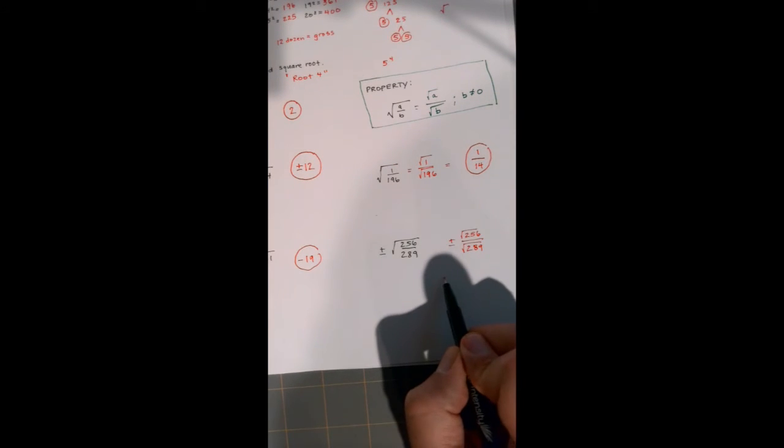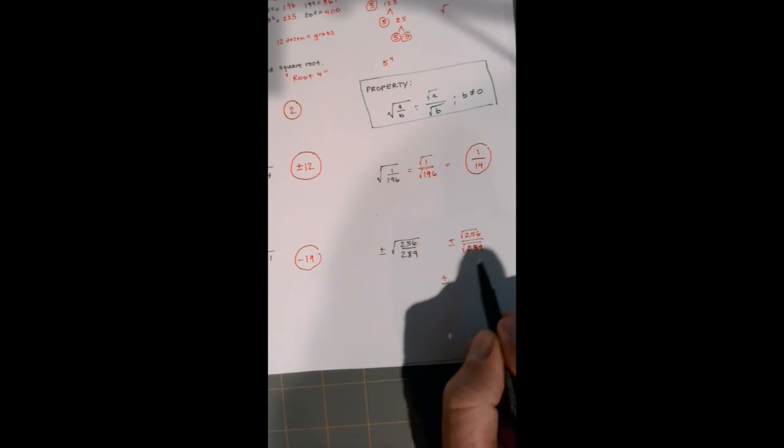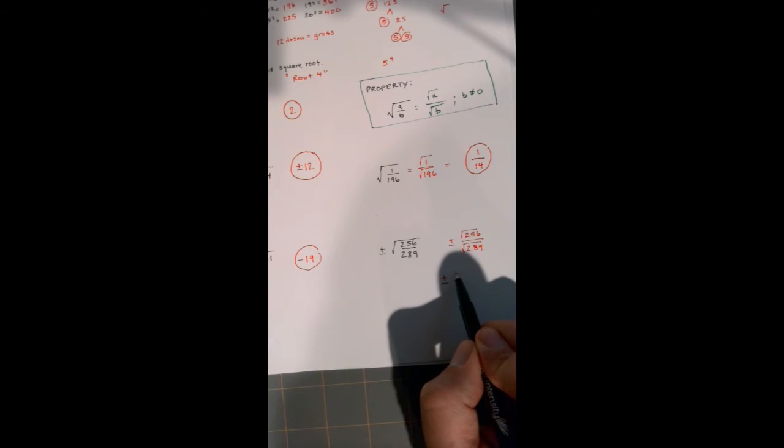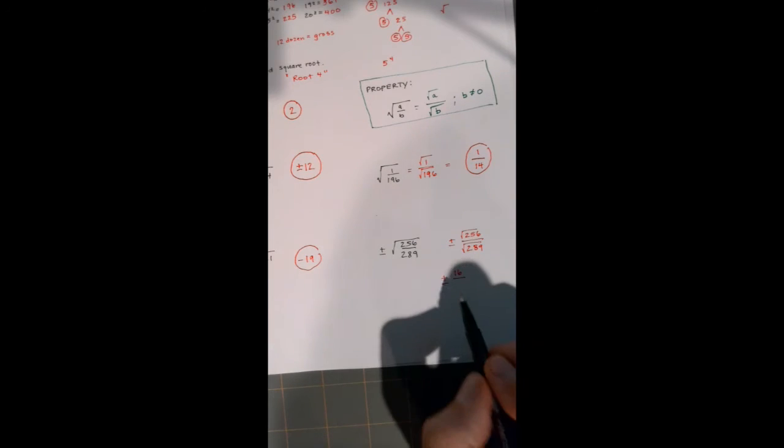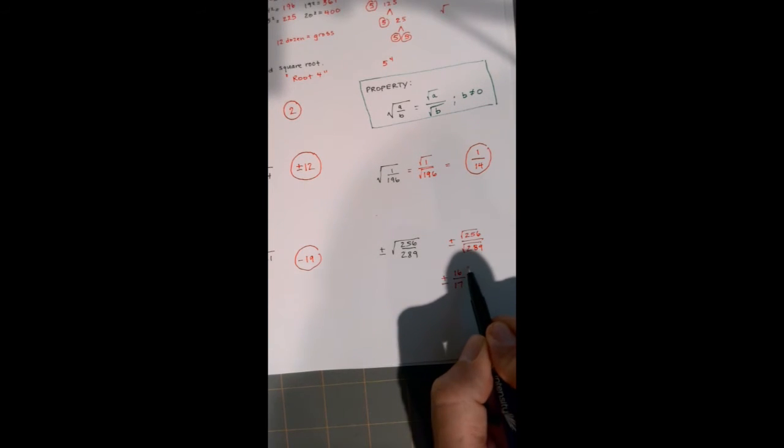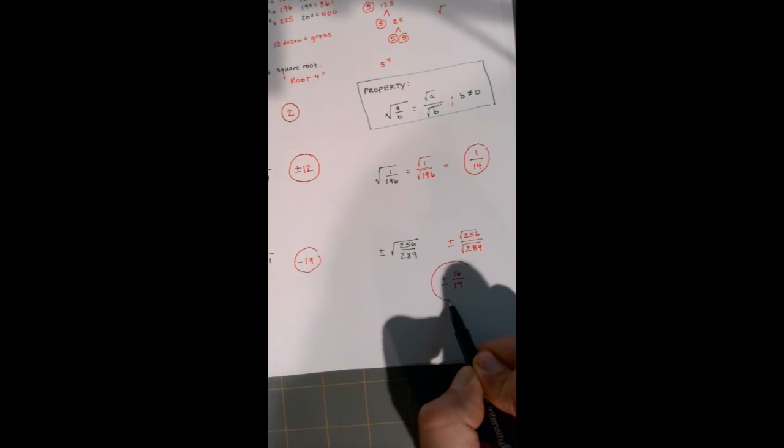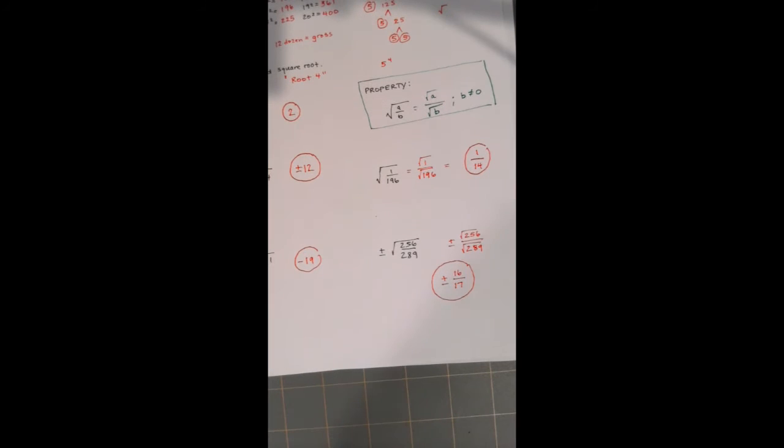And by the table I just did for you, I know that the square root of 256 is 16, and I know that the square root of 289 is 17. Okay? So that's my answer. Plus or minus 16 over 17.